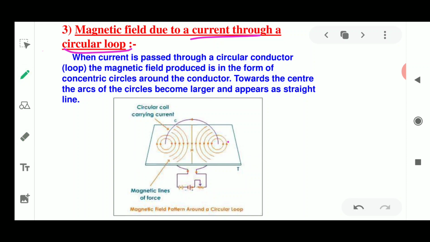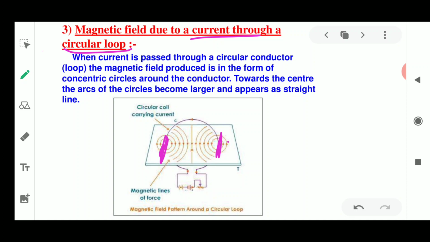Now what kind of shape will be found in the current carrying loop? That loop is also acting as a straight current carrying conductor here at this place and at this place. Fine, but the extent of the length of that conductor will not be circular here. It will be a small straight current carrying conductor.